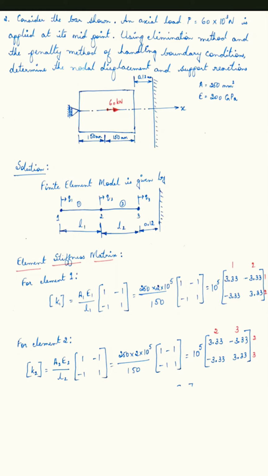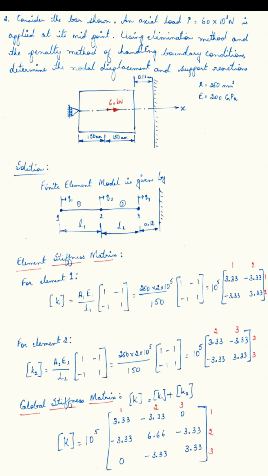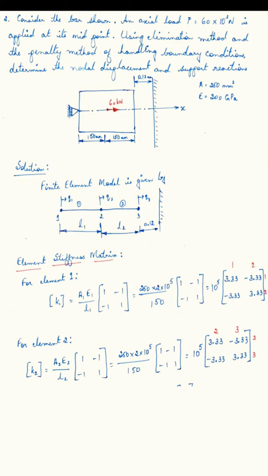For element 1, the two nodes that are present are 1 and 2, so those have been marked. And for element 2, the nodes present are node 2 and node 3, so those two nodes are also marked. Why do we do this? It will help us to easily formulate the global stiffness matrix.